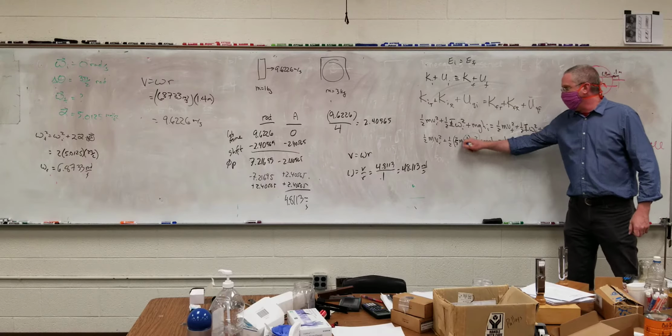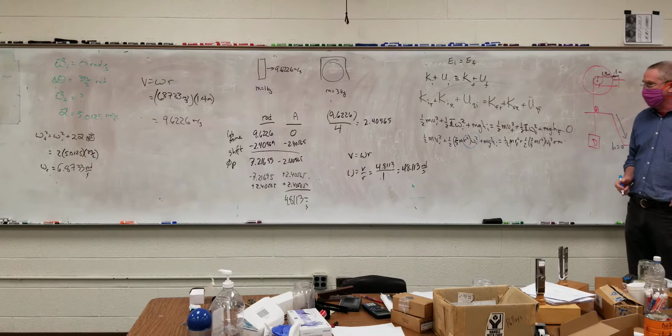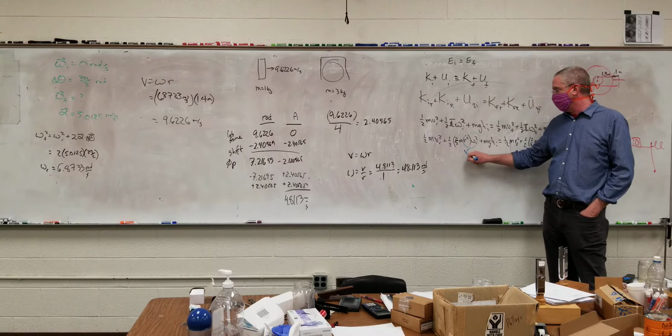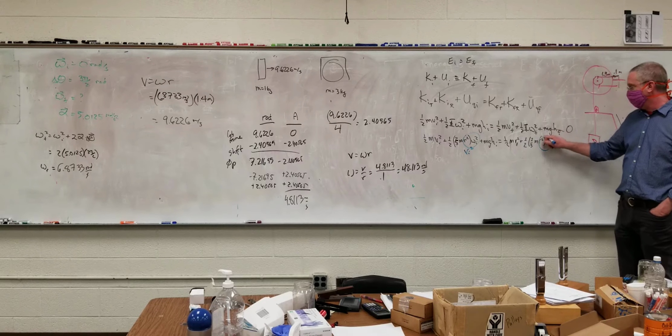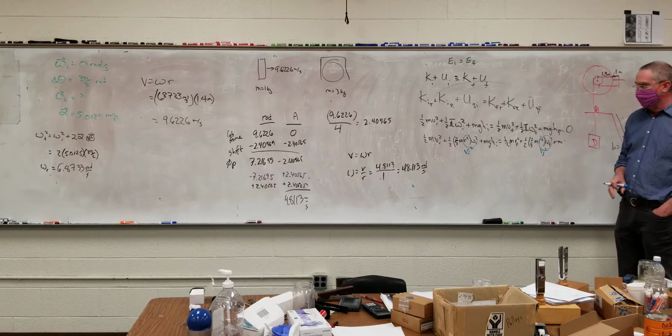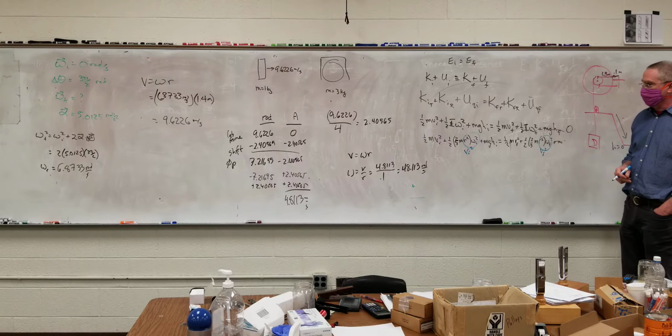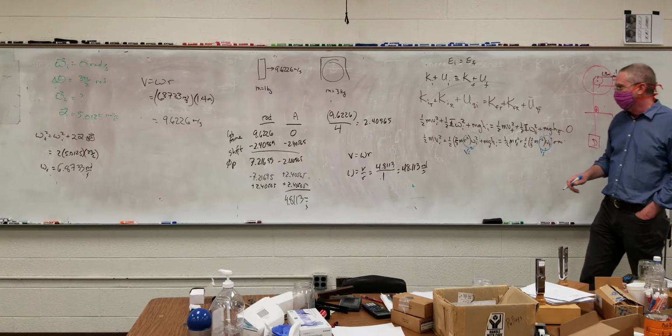I have r squared omega squared. Well, if it's truly rolling, that's just equal to the linear speed, so that's v initial squared, and over here, v final squared. Now, some people like plugging in the numbers early, and that's fine because I give you the radius, but if I didn't give you the radius, you should still be able to do this type of problem.